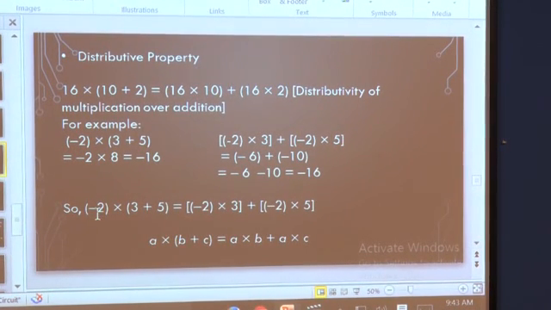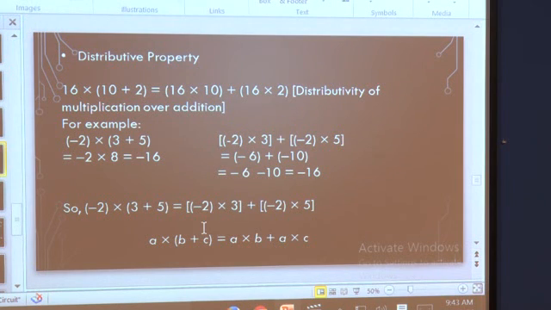I will explain again. -2 is multiplied to 3 once and -2 is multiplied to 5 once, but here we have a positive operation, so we have to write a positive sign here, that is the addition sign. By multiplying, -2 to 3 I had done and -2 to 5 I had done.